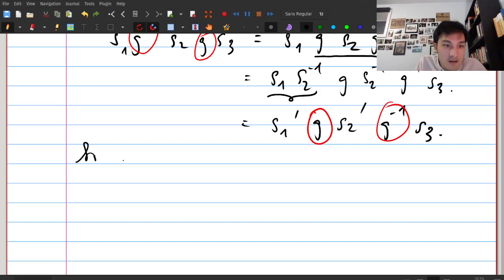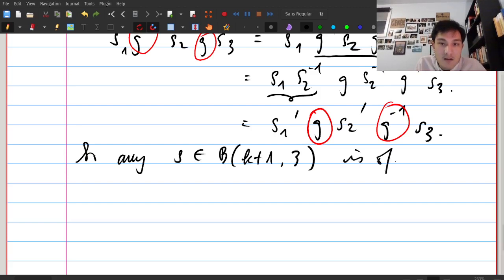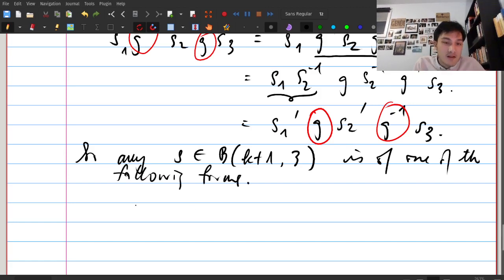So any S in B k plus 1, 3 is of one of the following forms. There are at most 2 G's, so there could be no G's.